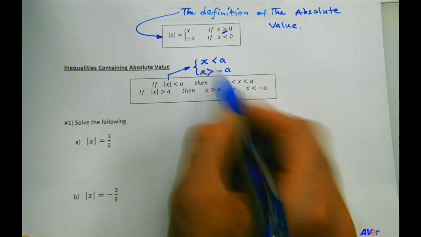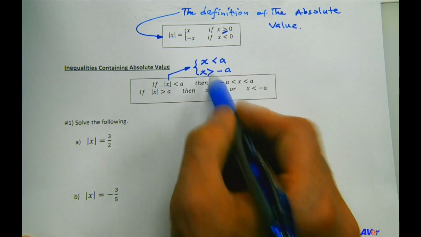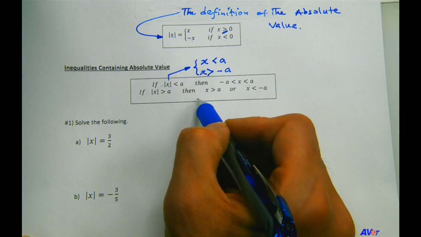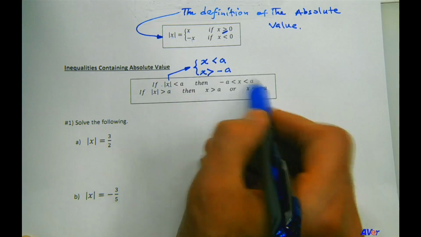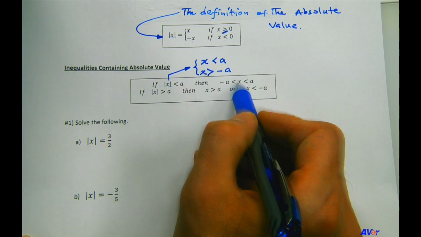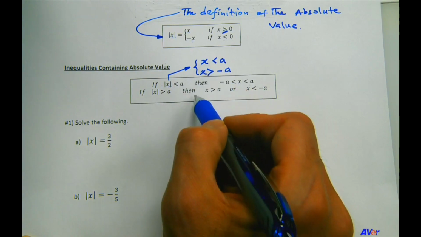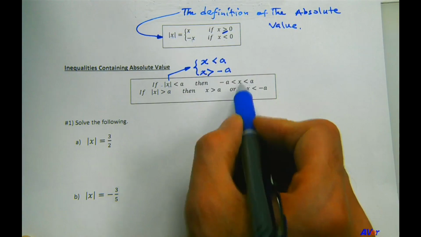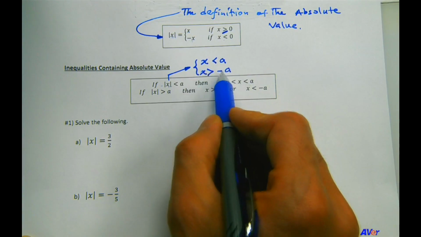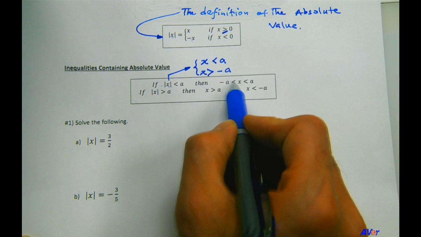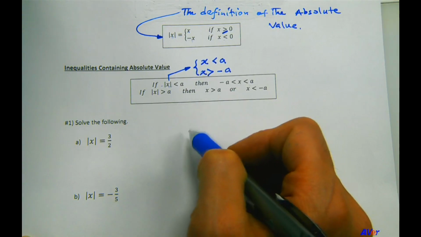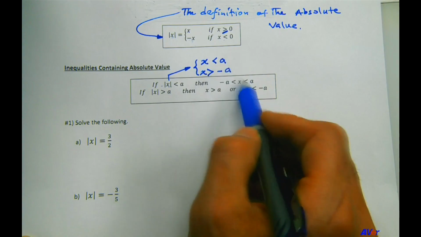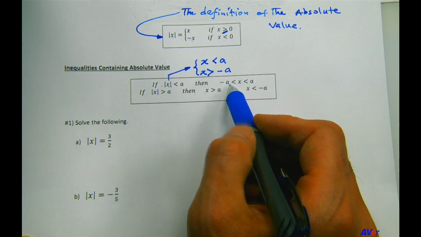Now compare that with this. Isn't this the same thing as this? But this is combining them. This inside the box is combining what I've shown outside the box here. x less than a, x less than a. x greater than minus a, x greater than minus a. So this is the same thing as that, but written in a way that is helpful.